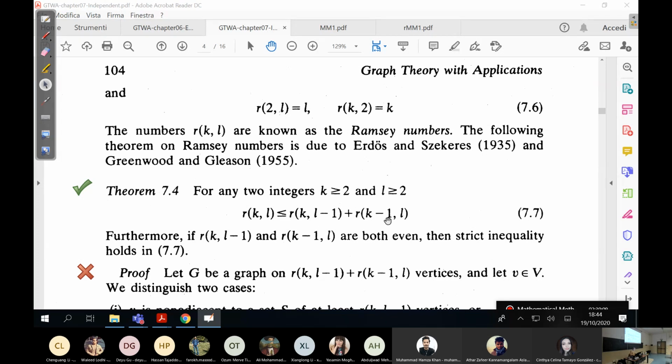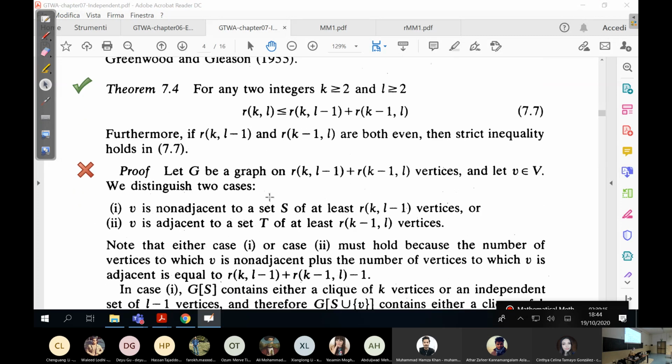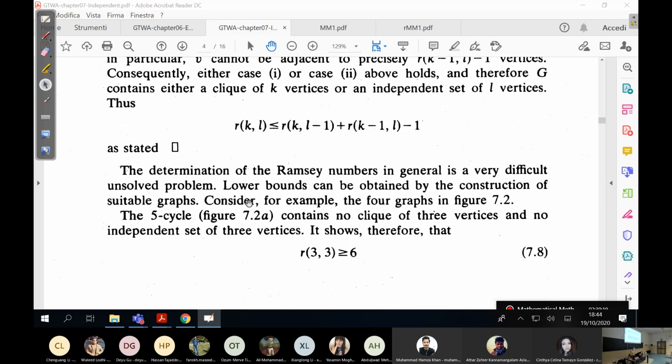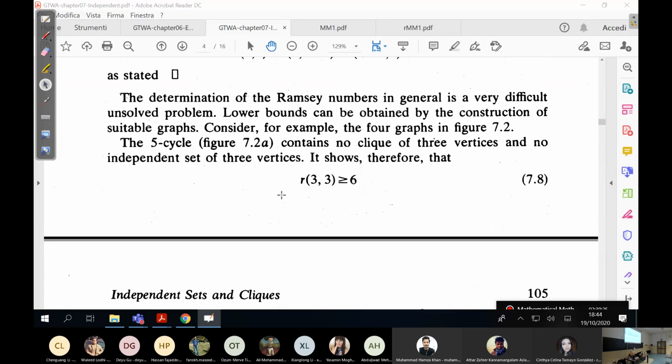Furthermore, if these two numbers are both even, then the inequality is strict. And then how can you determine some of these Ramsey numbers that we have seen? Let's see, for instance, this.